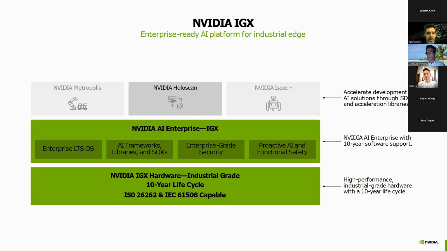I'm going to talk about HoloScan here for embedded edge and medical applications. We also have Isaac for robotics and Metropolis for more industrial applications. Basically, the goal of all of this is to have customers, end users and OEMs developing these for their customers have a very easy ramp using NVIDIA technology. You don't have to reinvent the wheel.